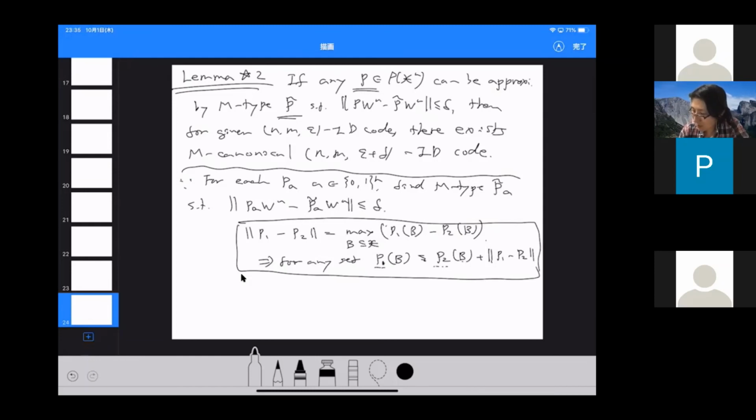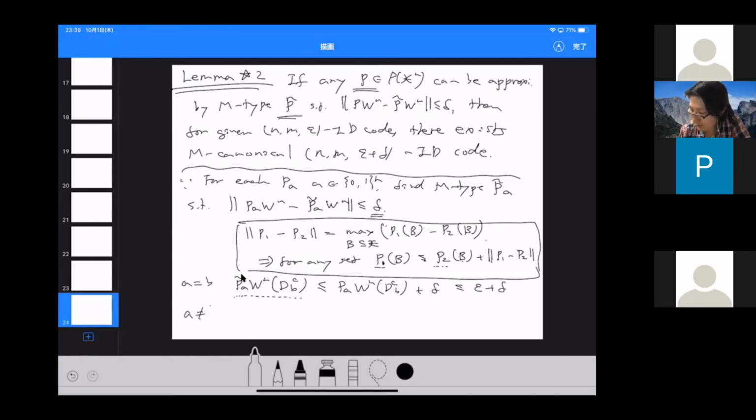So by using this, for A equal to B, this is the probability that the decoder makes an error when we use the M-type P tilde A instead of PA. This probability can be bounded by the error probability of the original code plus the penalty by this approximation, which is bounded by epsilon plus delta.